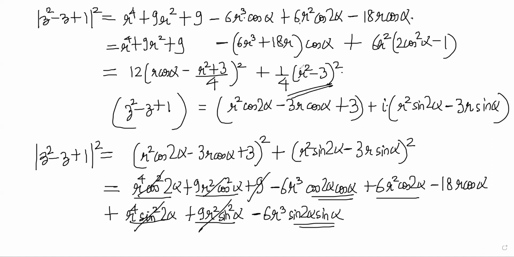Think about it. What is r square minus 3 whole square? It would be r power 4 plus 9 minus 6r square, right?